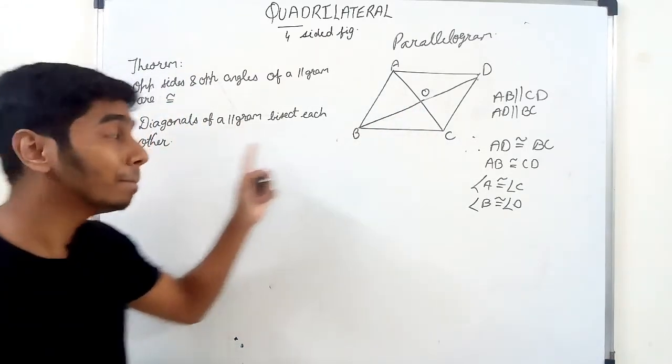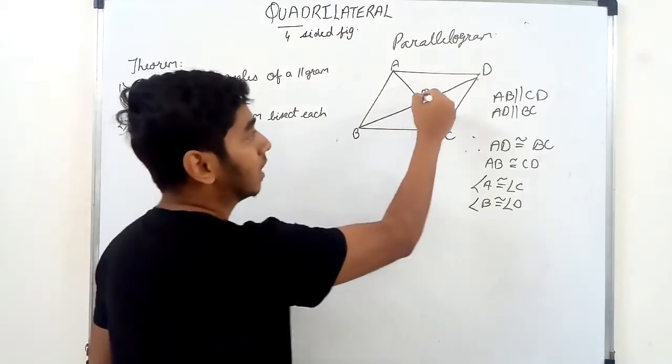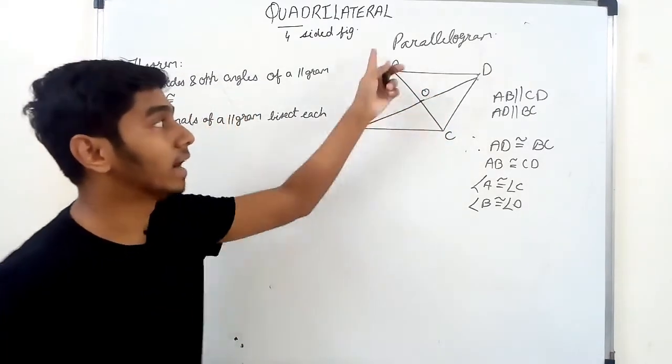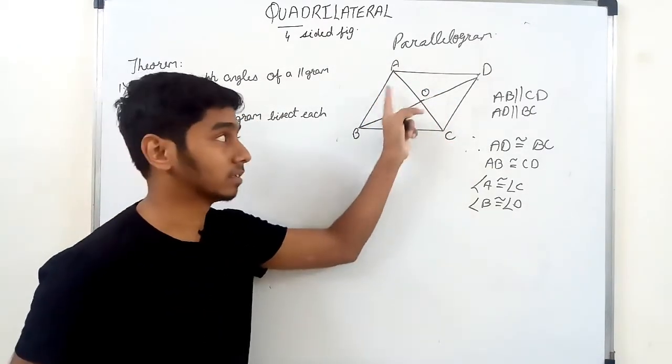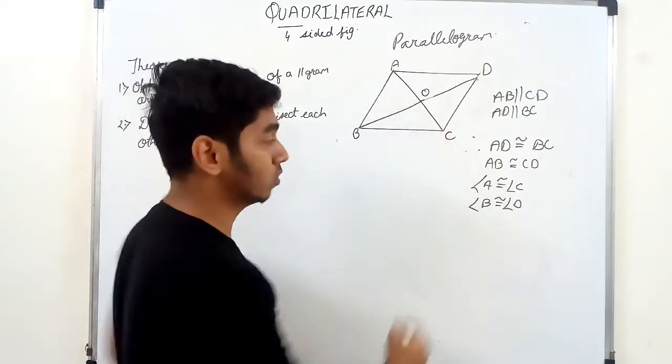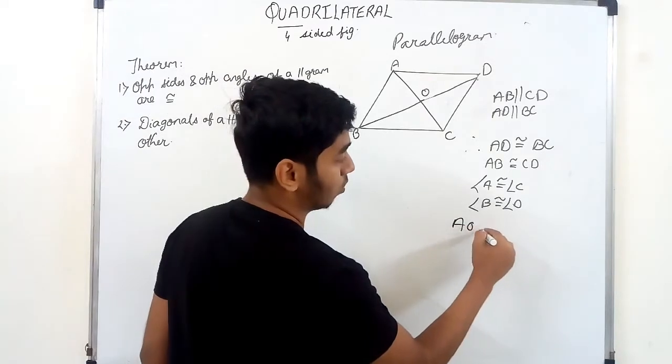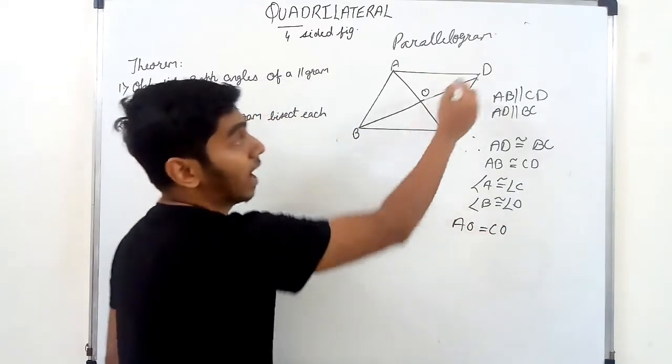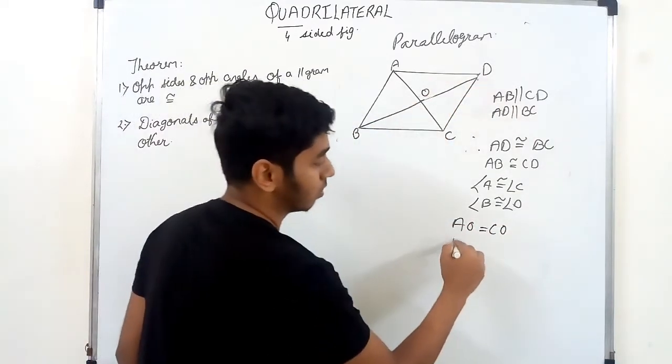The diagonals of a parallelogram bisect each other. That means this point divides each diagonal into equal parts, so AO is equal to CO, and DO is equal to BO.